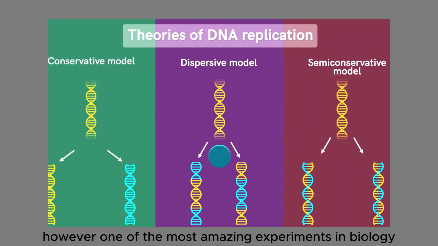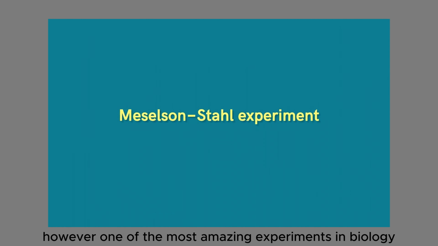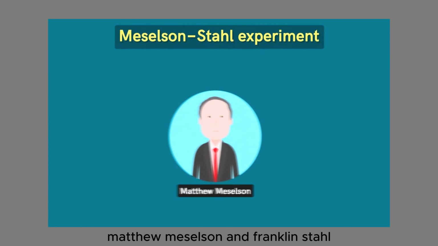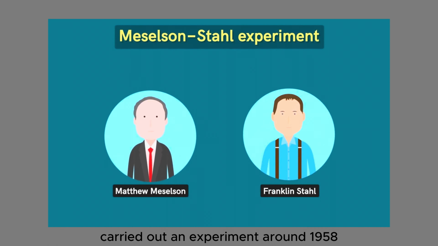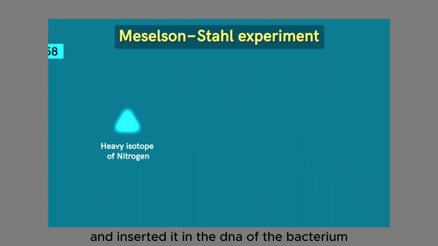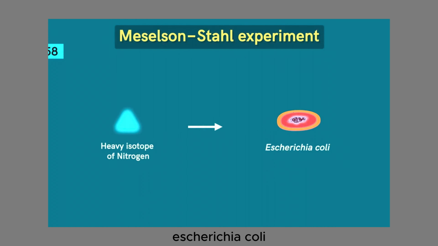However, one of the most amazing experiments in biology, named the Meselson and Stahl experiment, helped crack this mystery. Two geneticists, Matthew Meselson and Frank Stahl, carried out an experiment around 1958. They used a heavy isotope of nitrogen and inserted it in the DNA of the bacterium Escherichia coli.